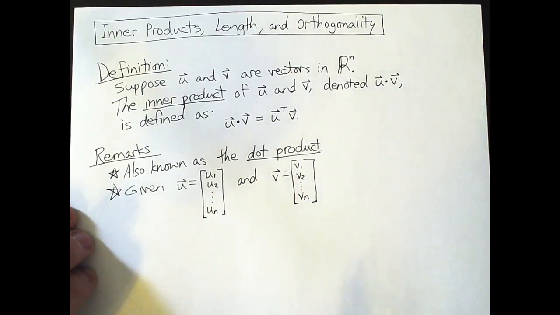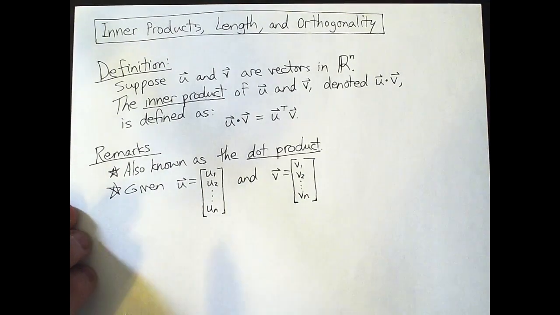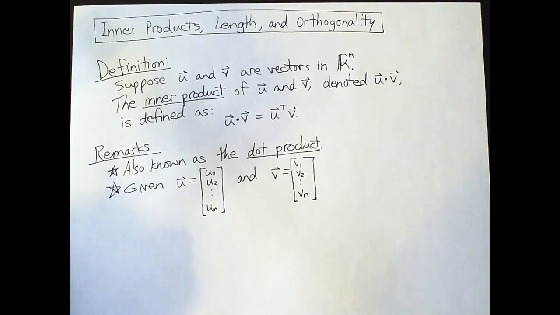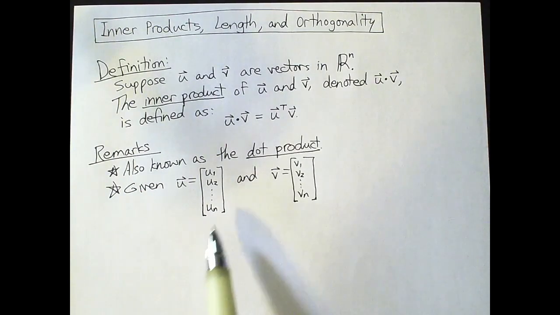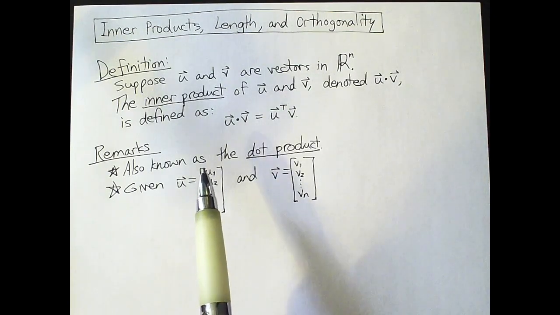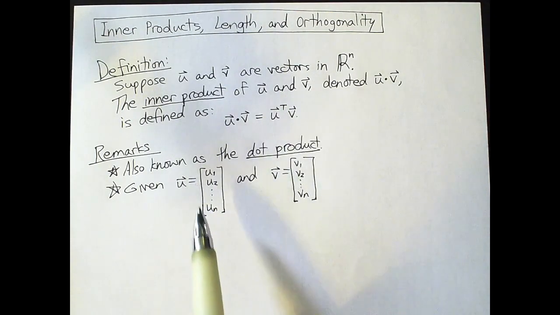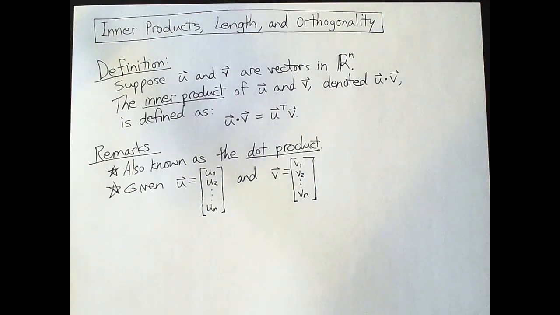Let me start by just pointing out that we've talked about two types of products in this class. There's the scalar product, like scalar multiplication, when you just have a real number times a matrix. A vector does count as a matrix, right? This is just an n by 1 matrix. So we could do scalar products of a vector.